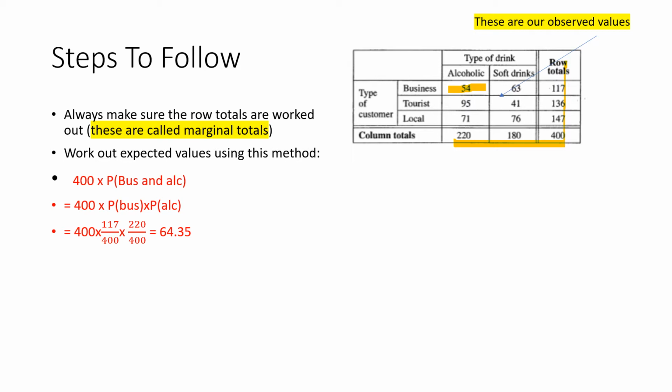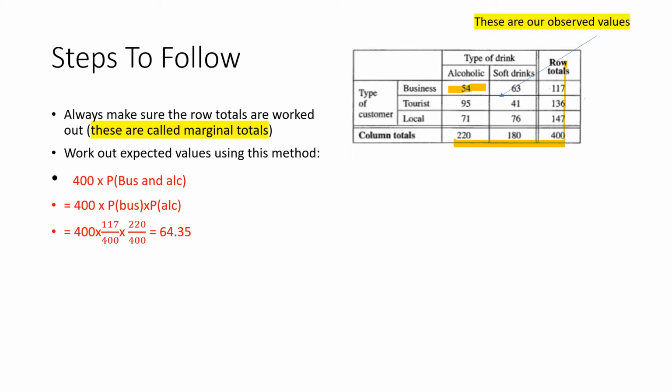And remember, expectation is probability times n. There were 400 people altogether. 400 times the probability gives me an expected value of 64.35. So I expected there to be 64.35 businessmen who had an alcoholic drink. I observed 54.